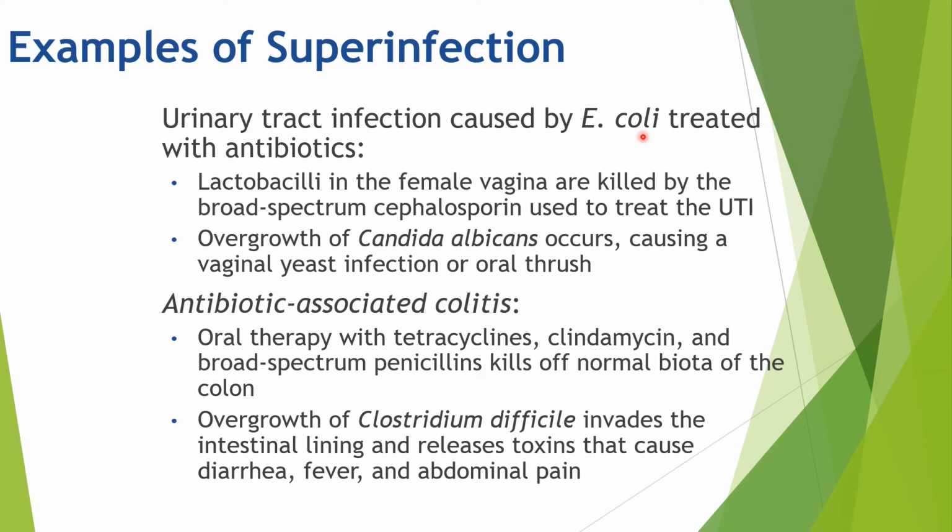Polymyxin is a narrow spectrum antibiotic that targets gram-negative bacteria, and it can definitely target E. coli that causes urinary tract infections, as well as other gram-negative bacteria that cause urinary tract infections. Let's say they were not prescribed that one.